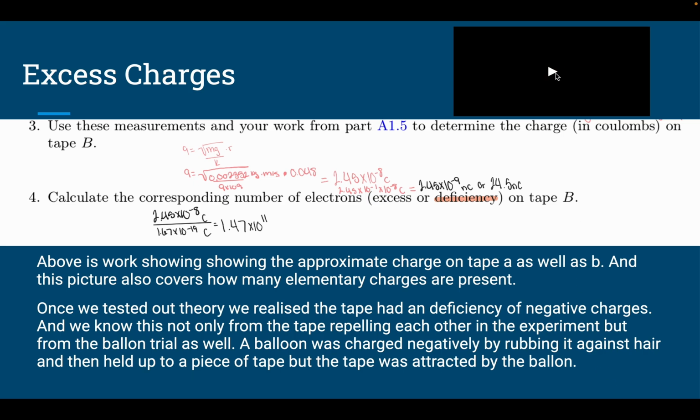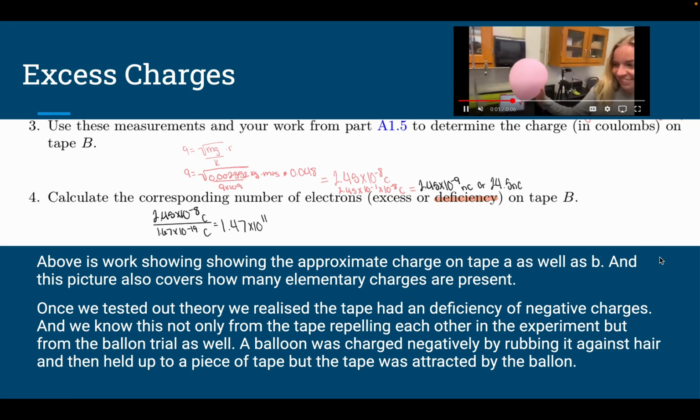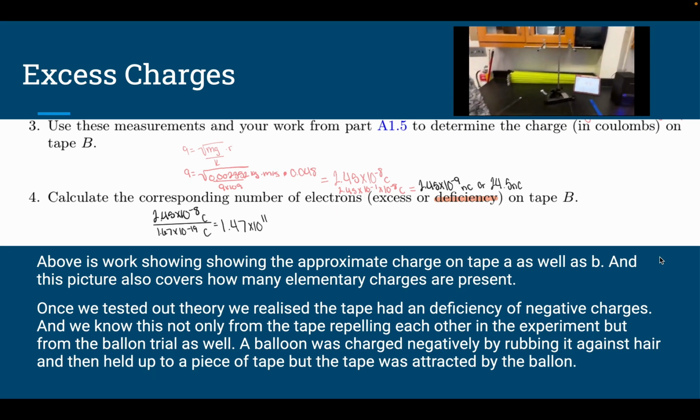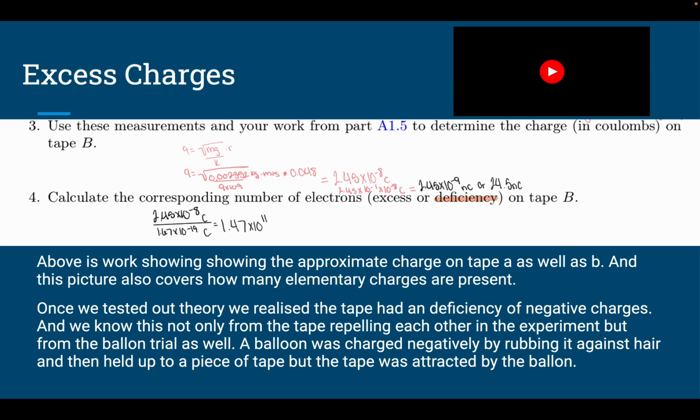Above you will see our measurements for the approximate charge of tape A as well as tape B, and that is covered from question 3. We determined the magnitude of the gravitational force and then plugged in our values to get our charge.